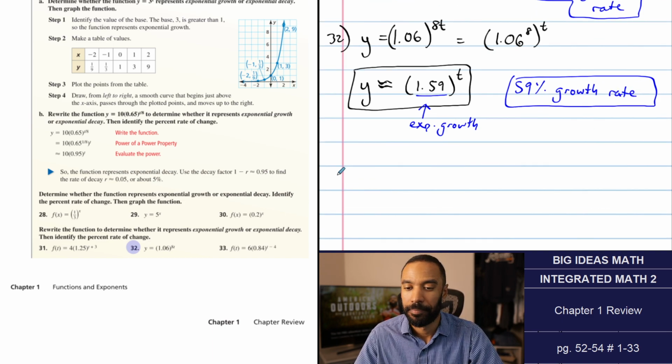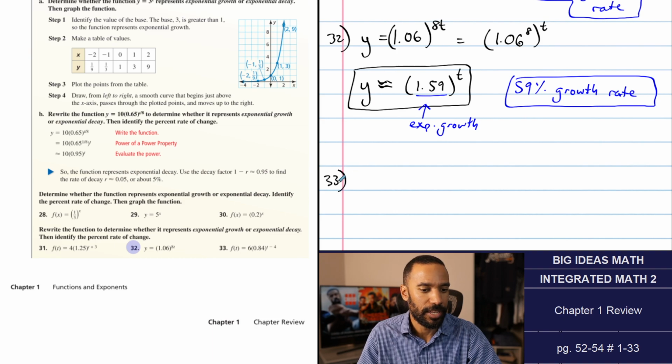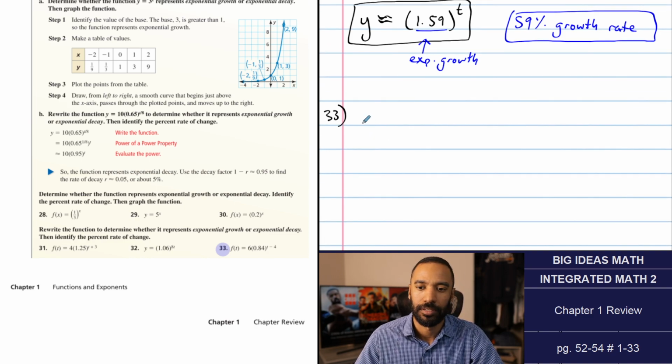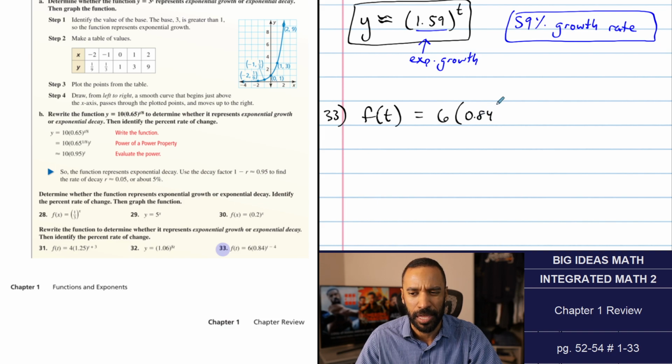And the last problem. You're here for the last problem. Congratulations. Number 33. F of t equals 6 times 0.84 to the t minus 4 power. I think this one will be more like number 31. So I think that 0.84 remains. The difference is how that t minus 4 works with this.